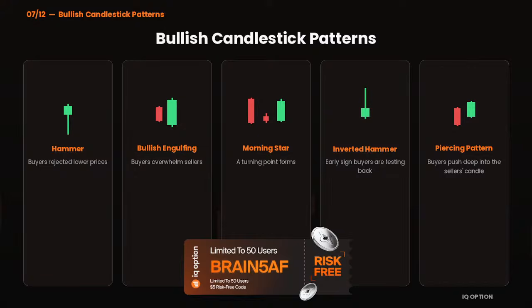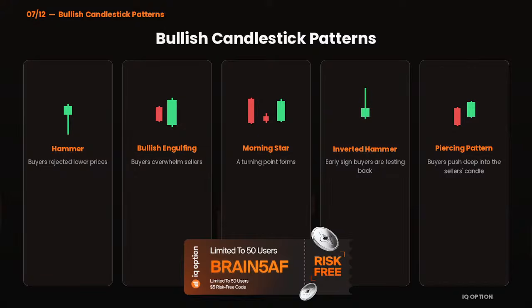And then the next is the inverted hammer. Just like you can see, the inverted hammer is a small body near the bottom with a long tail pointing upward, appearing after a decline. Buyers tried pushing higher during this candle and got some pushback, but the fact that they even tried after a drop is an early hint that they are waking up.